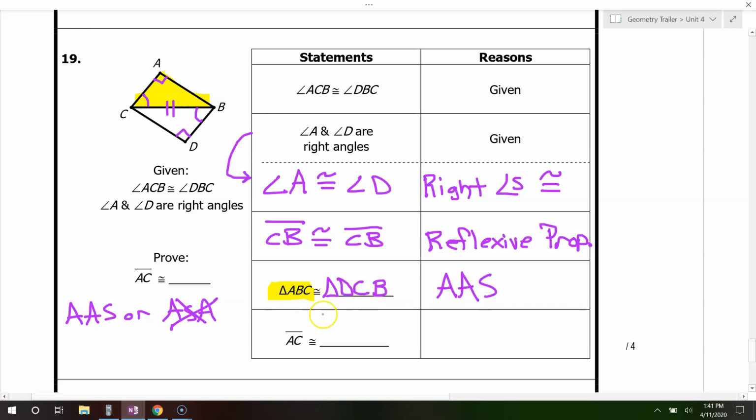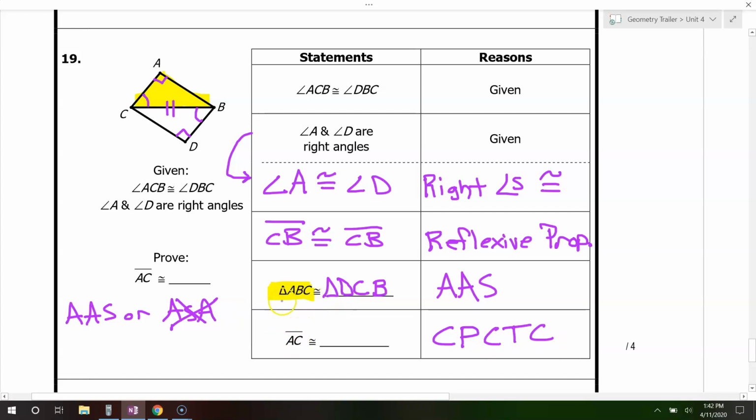And this is not the end of the proof because they've asked us for something extra. An extra something is congruent to something. So whenever you have to go that step further and prove that an extra pair of corresponding parts are congruent, you say CPCTC. Corresponding parts of congruent triangles are congruent. What are the corresponding parts?